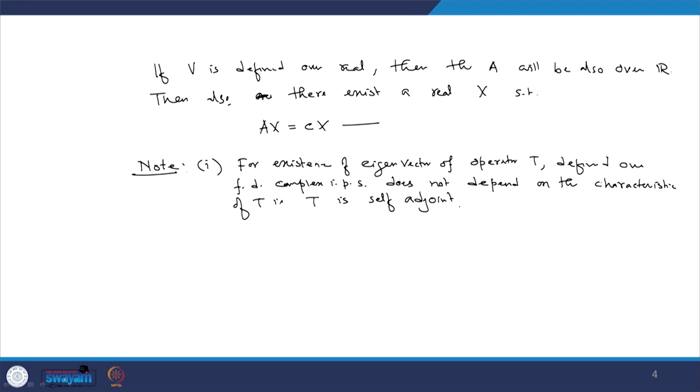I mean to say, to prove the existence of an eigenvector for the operator T defined over a finite dimensional complex inner product space, we do not need the concept that T has to be self-adjoint.